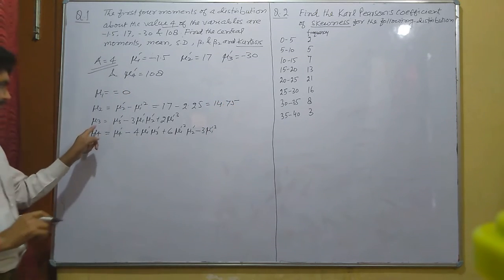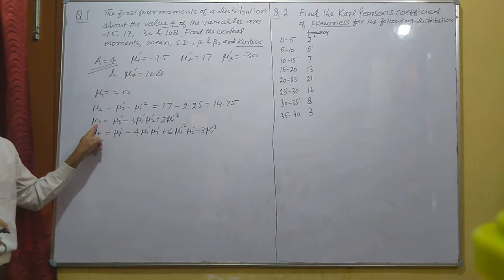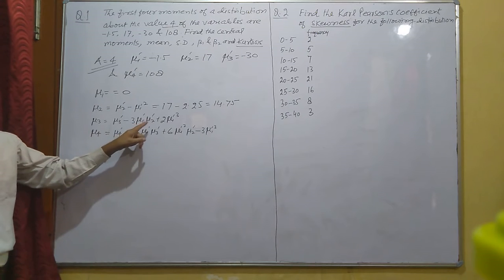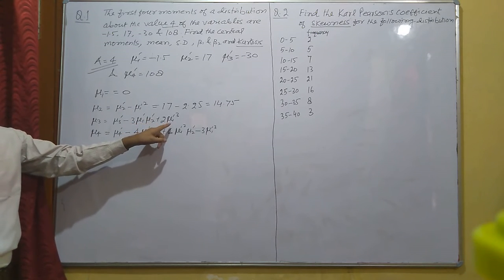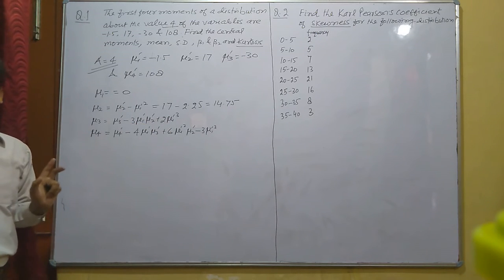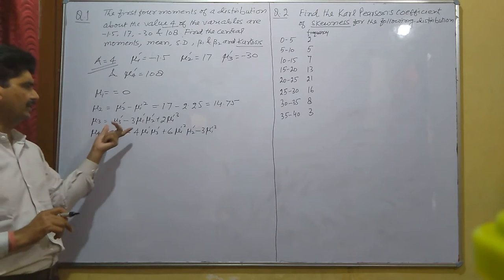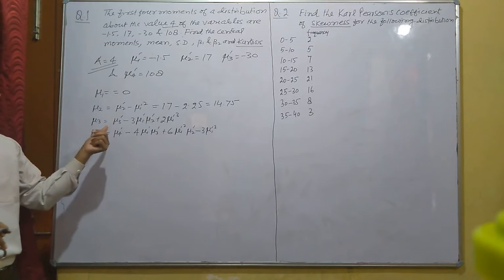And the third central moment, mu3, equals mu3 dash minus 3 mu1 dash mu2 dash plus 2 mu1 dash cube. I hope you have already learned this formula.